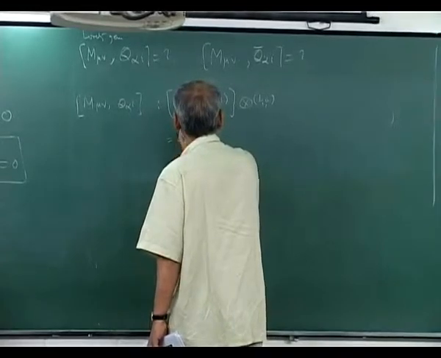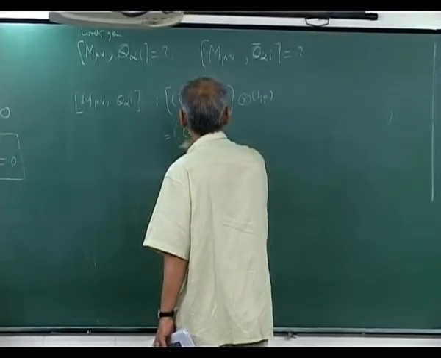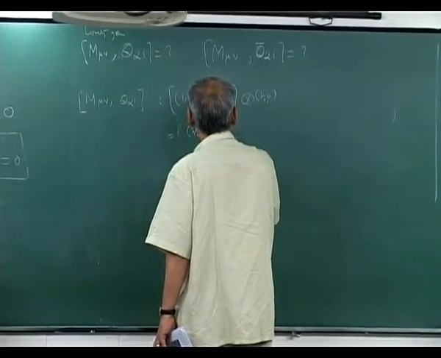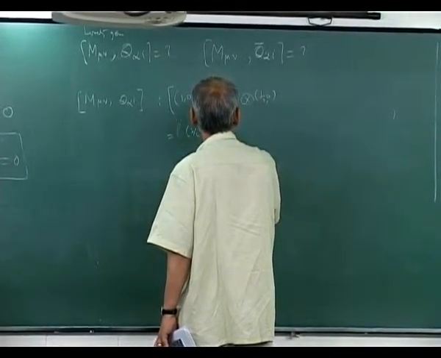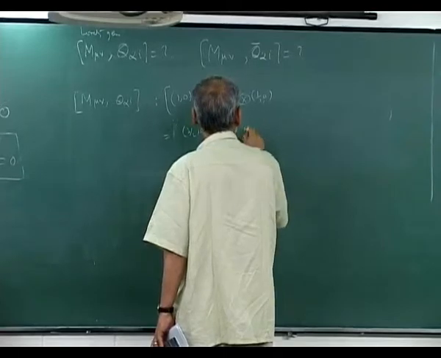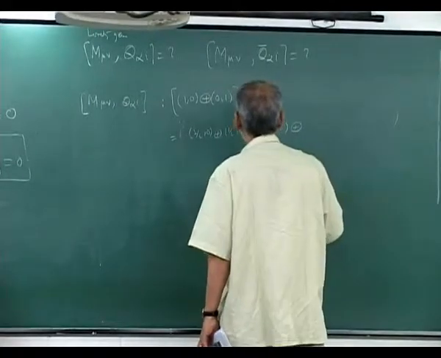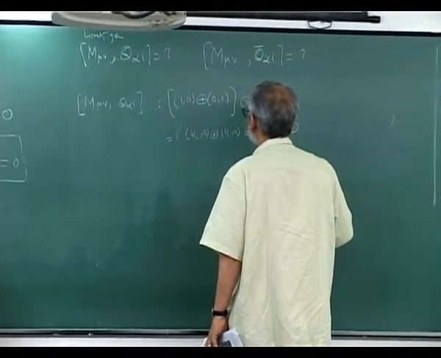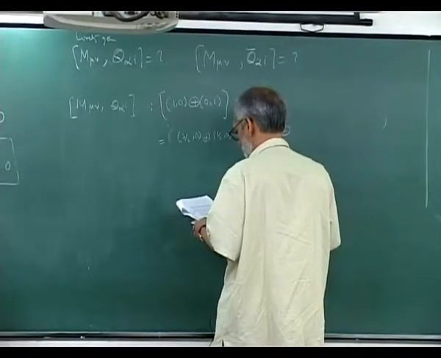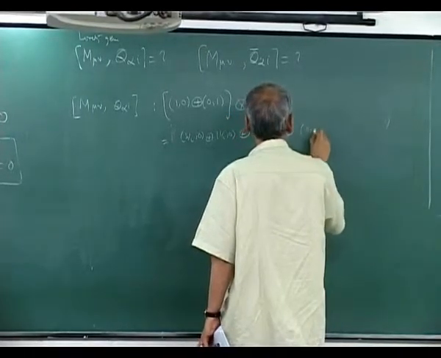Now this object is 3 by 2 0, 3 by 2 0, plus 1 half 0, plus half 1, plus now this times this is 0 3 half.